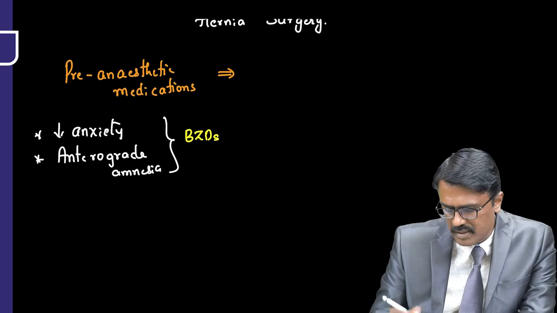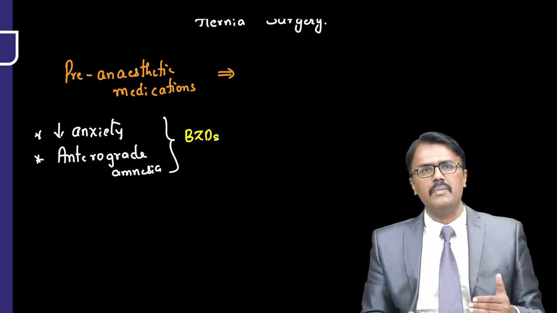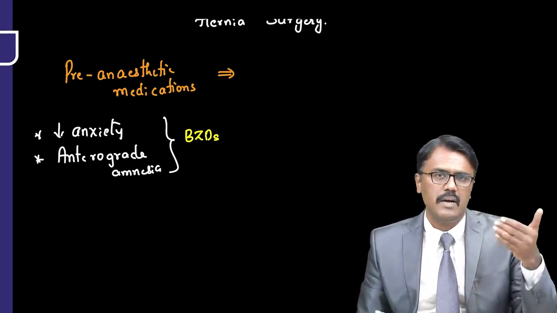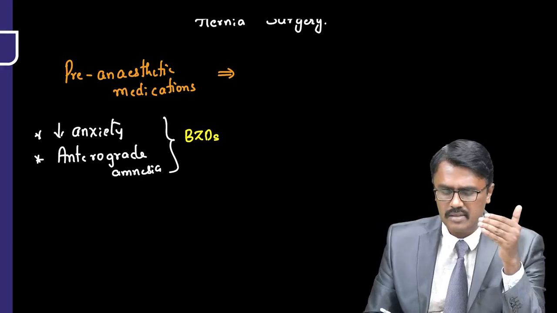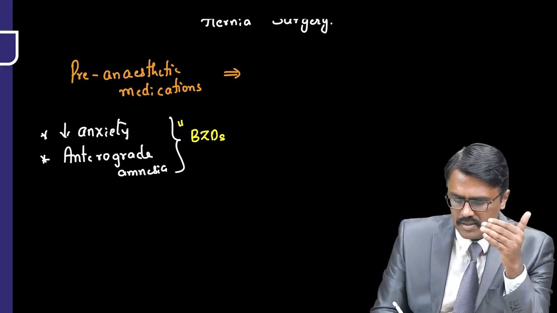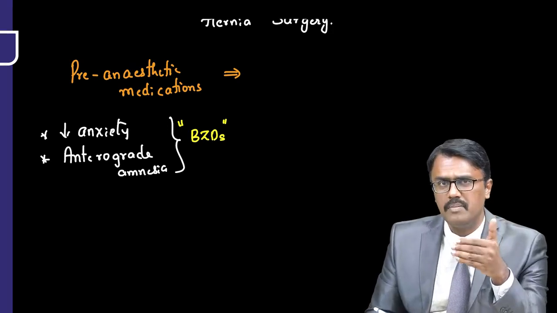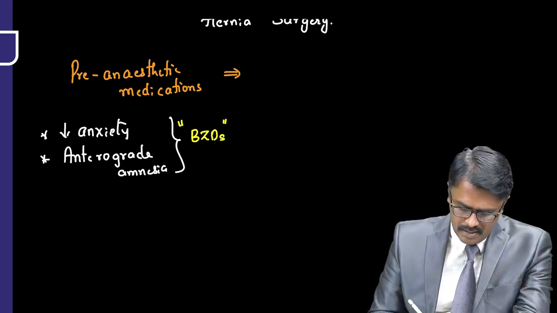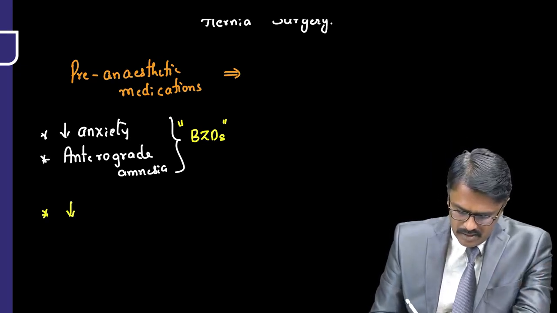They decrease the anxiety as well as cause anterograde amnesia. Anterograde amnesia means the patient should not remember the surgical events, whatever happened in anesthesia. That is very good with benzodiazepines. That means after giving the drug, whatever happens, the patient will forget. The next important thing is to decrease secretions.